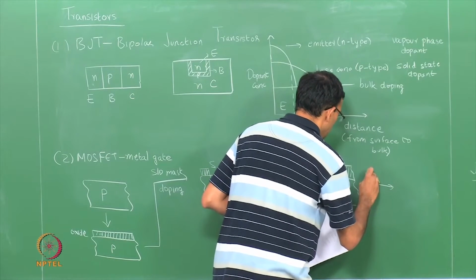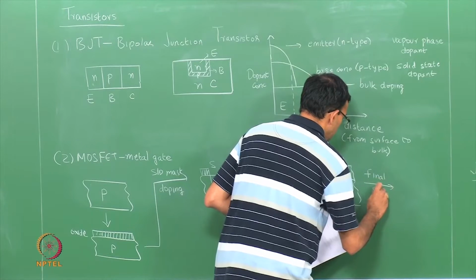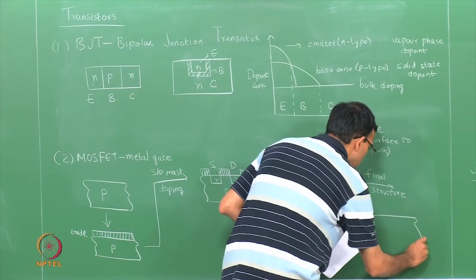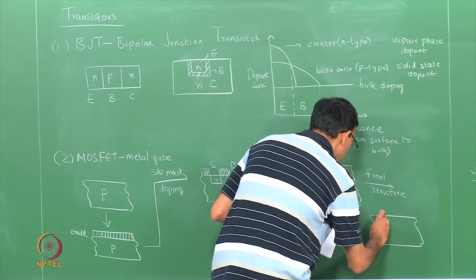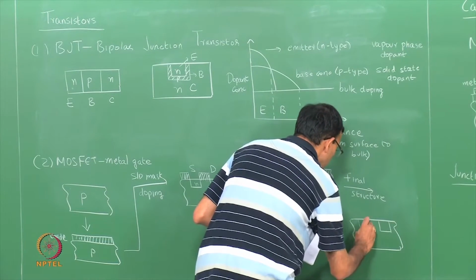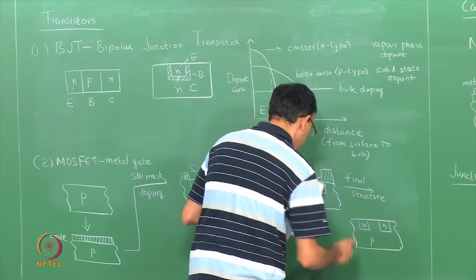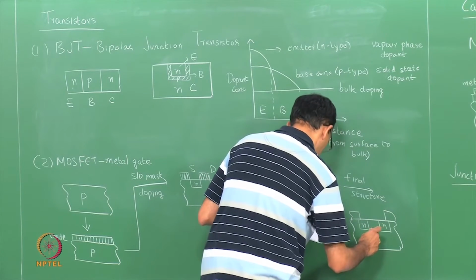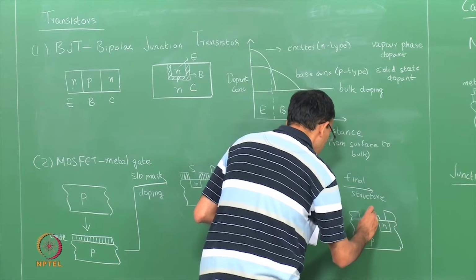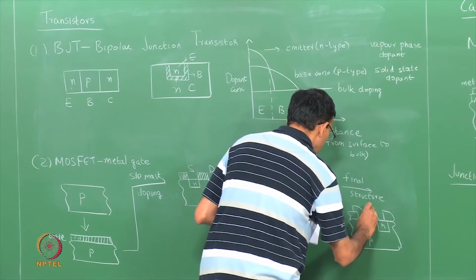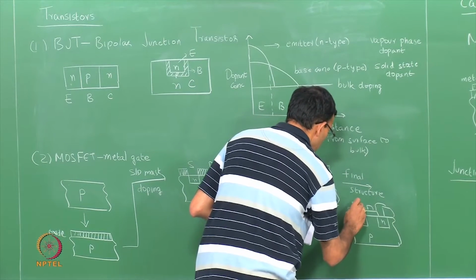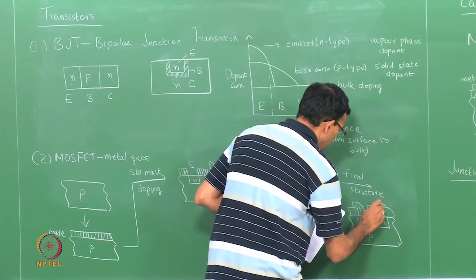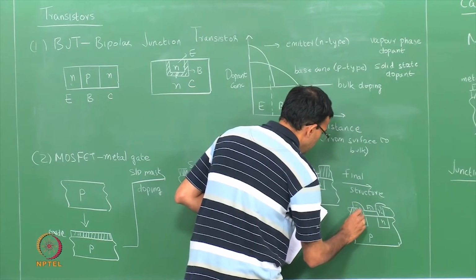So, if you do this, you can get the final structure. N, N and P. The dotted lines represent the metal contacts and the rest of it is the oxide layer.